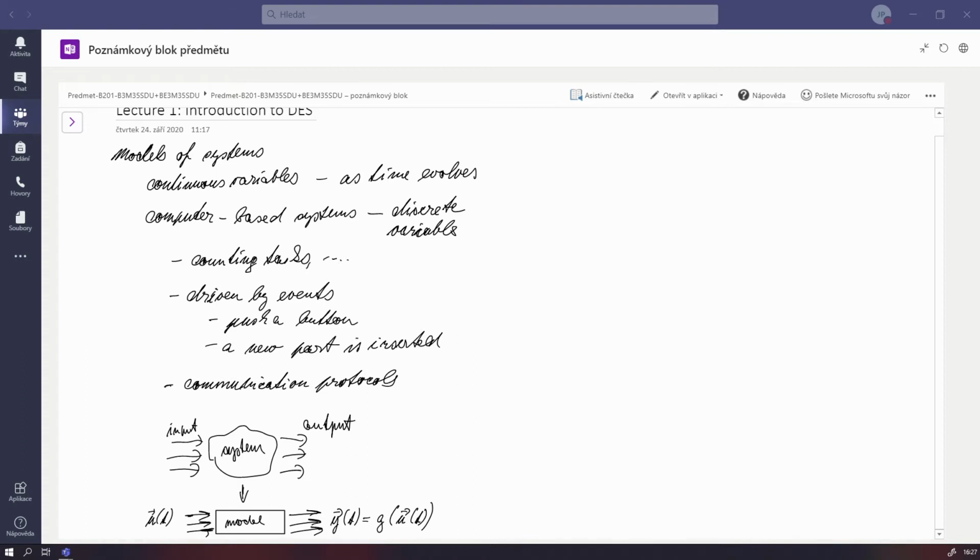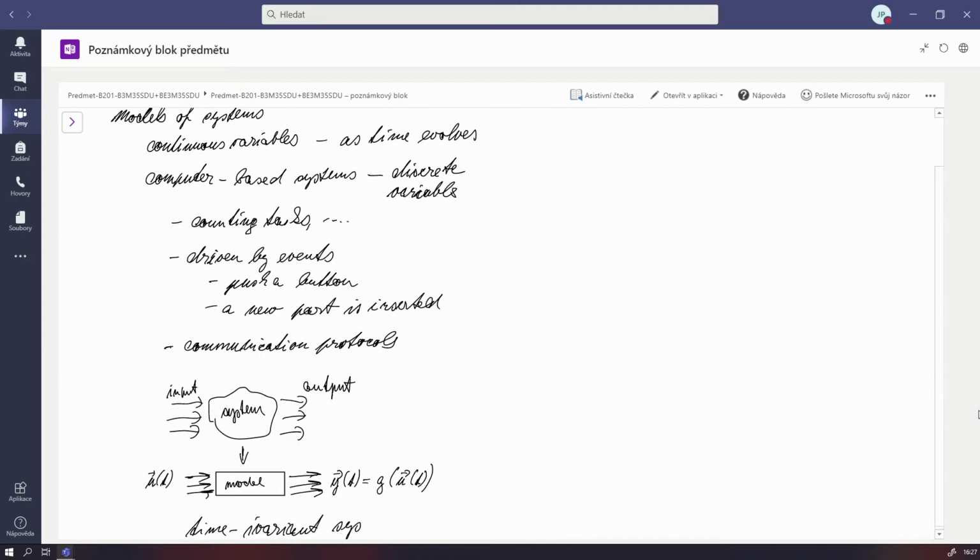Just to summarize, a time invariant system is a system which behaves in the same way, independent of the instance of time where the behavior happens.